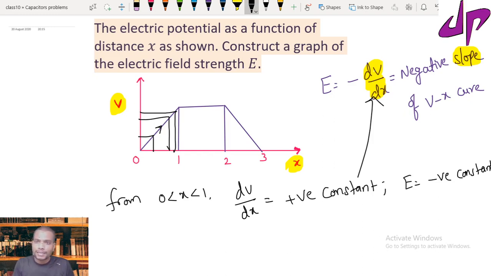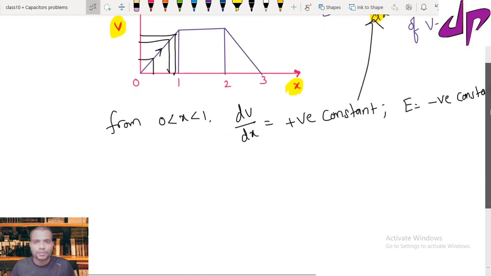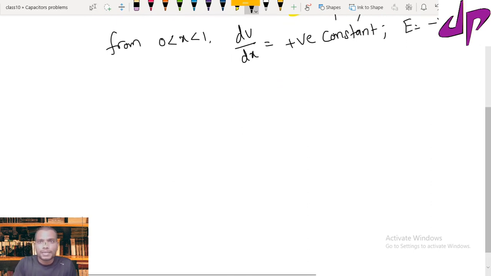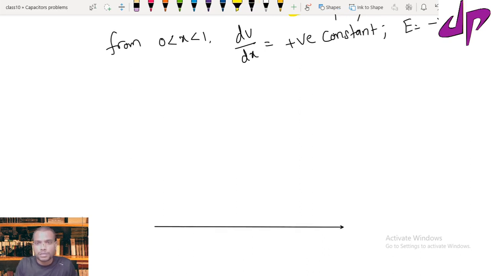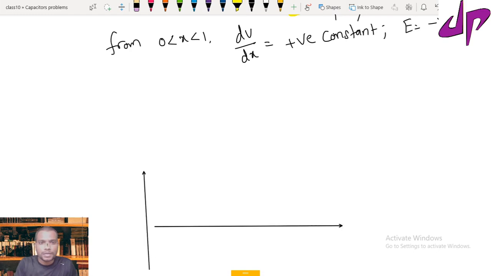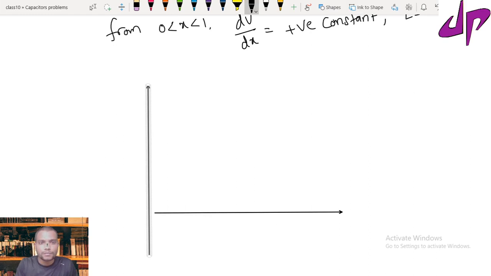So the electric field E is negative. When we draw the graph, we have to plot it on the negative side. Let me plot that to make you understand. This is the positive axis, and this is the negative axis, and this is the electric field.